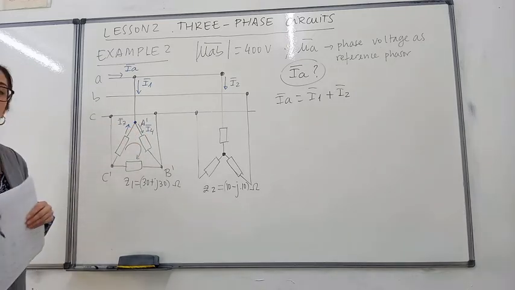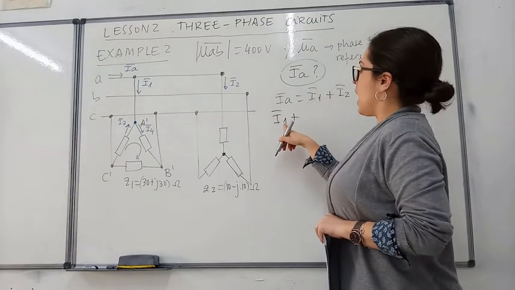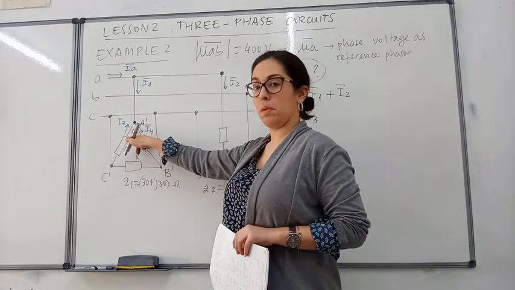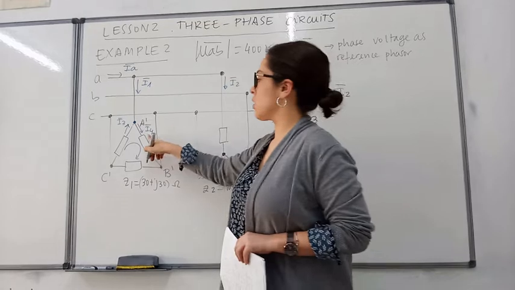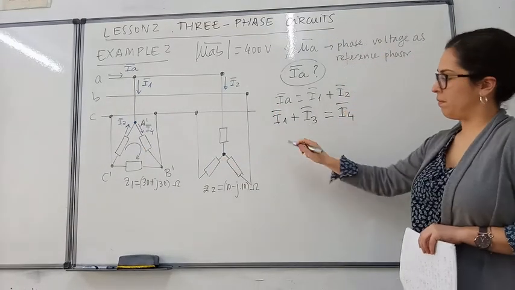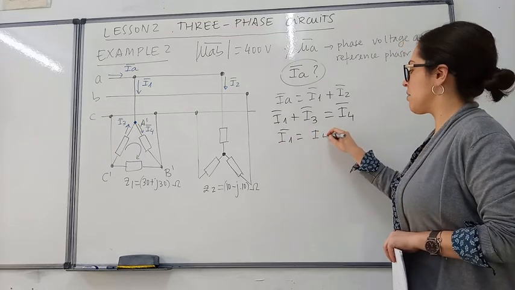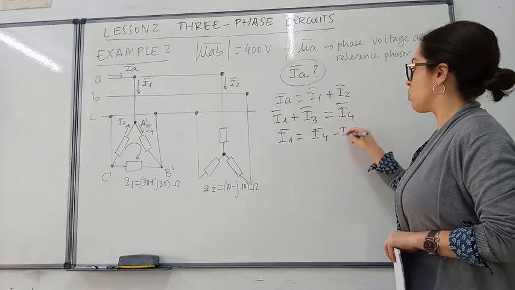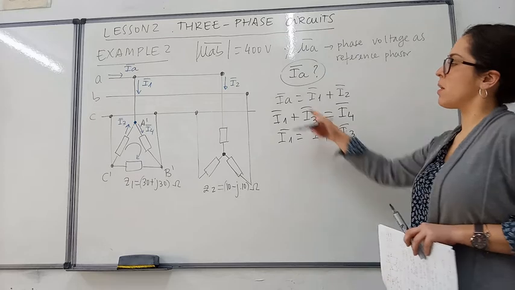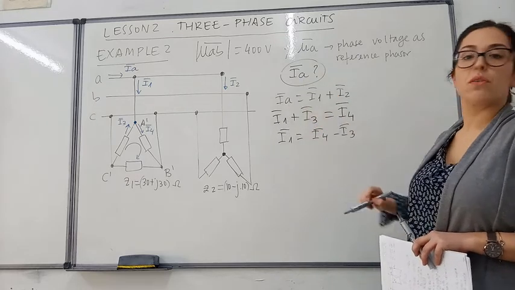If we apply the first Kirchhoff's law to this particular node, what we have is that I1 plus I3, which are the currents entering into the node, should be equal to I4. Then, here, current 1 could also be expressed as the difference between current 4 and current 3. And that simplifies the first expression, current A. Remember that line current A was the question of this example.